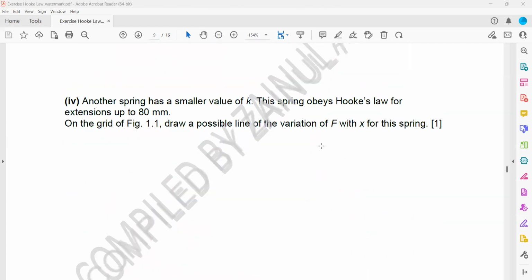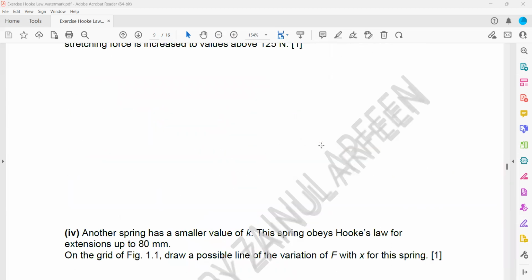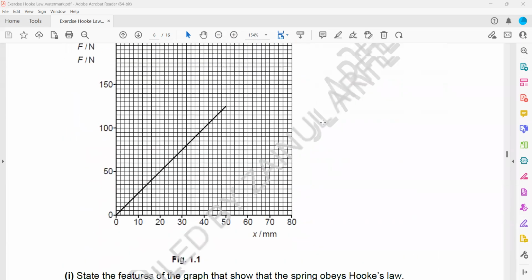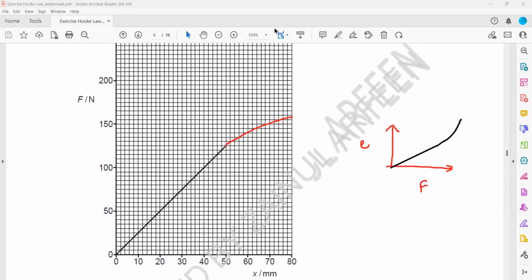Another spring is having a smaller value of K, and it follows Hooke's law till 80 millimeter. So if you want to draw for a smaller value of K, like a small force is needed to produce an extension, it will be like this. But if the graph was extension on the y-axis and force on the x-axis, then for a smaller value of K, it will be like this, opposite.